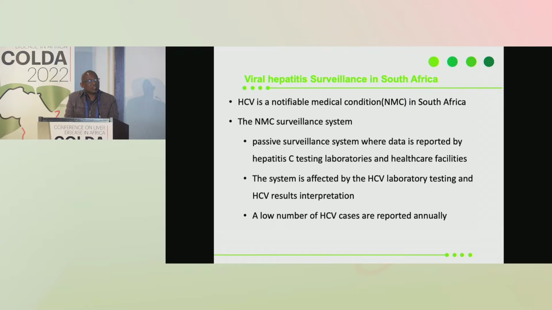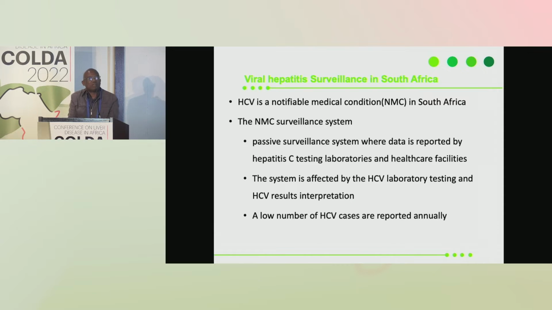So, in South Africa, hepatitis C and other viral hepatitis A to E are notifiable medical conditions. Currently the data is collected through the notifiable medical conditions system, which is also managed at NICD in collaboration with the National Department of Health.